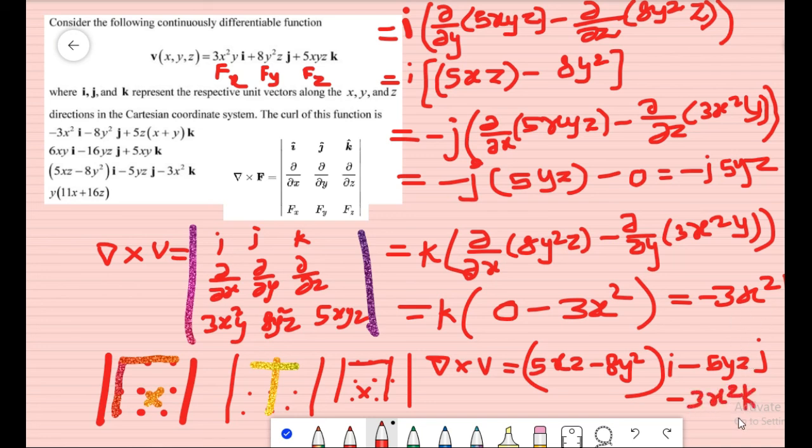Okay, this is the final answer, and this answer is in option C. So option C is the correct answer for this question.